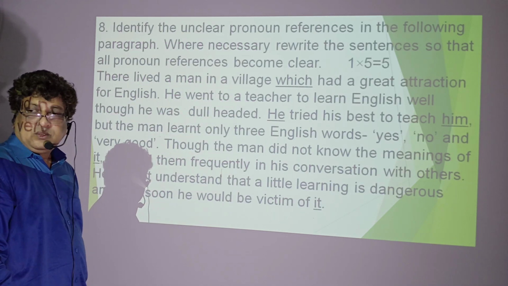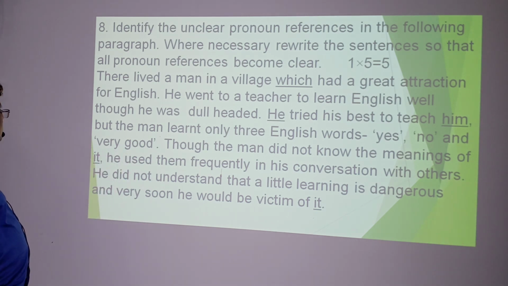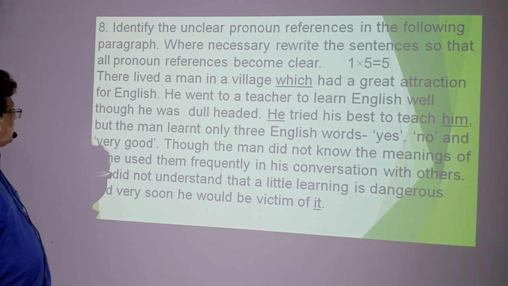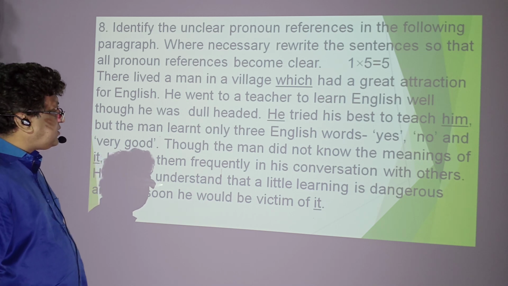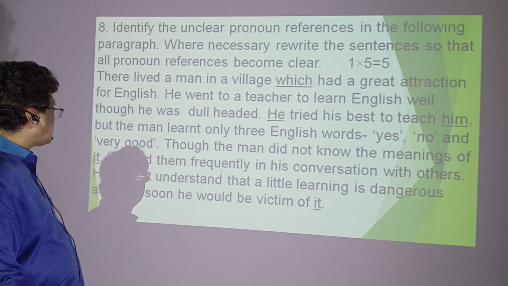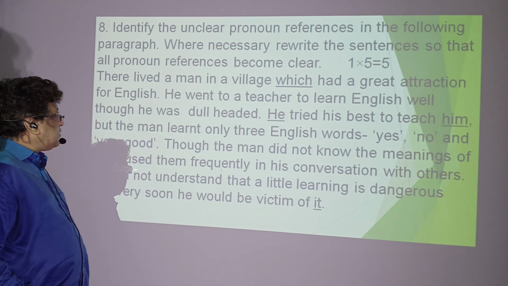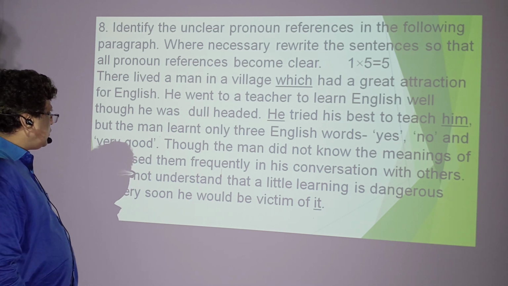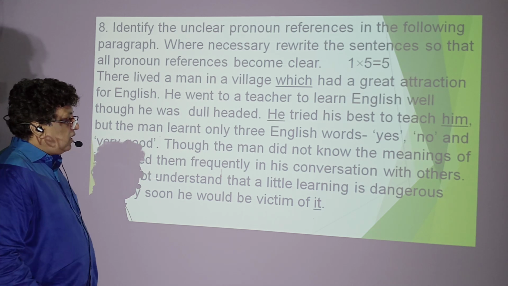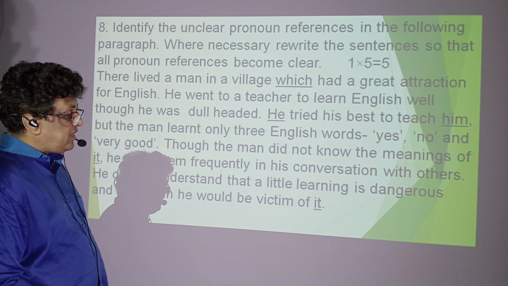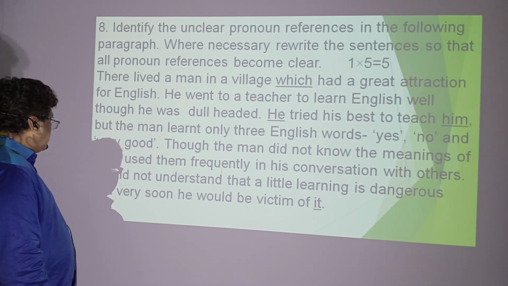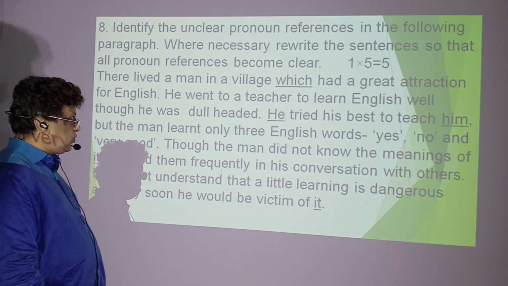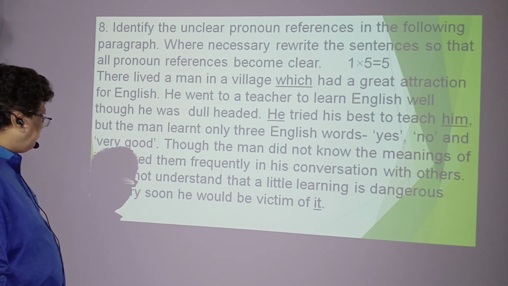Now we have another one. There lived a man in a village which had a great attraction for English. He went to a teacher to learn English well, though he was dull headed. He tried his best to teach him, but the man learned only three English words: yes, no, and very good.